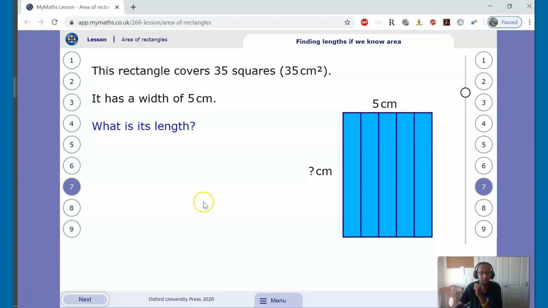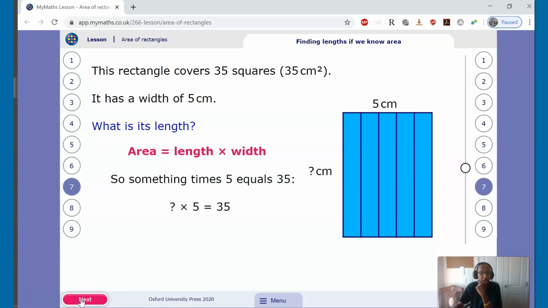If you think back to your times tables, you can ask yourself 5 times what will give you 35. So that's the formula. Area is length times width. We know the area is 35 centimeters squared. However, we need to ask ourselves a number multiplied by 5 to give us 35.